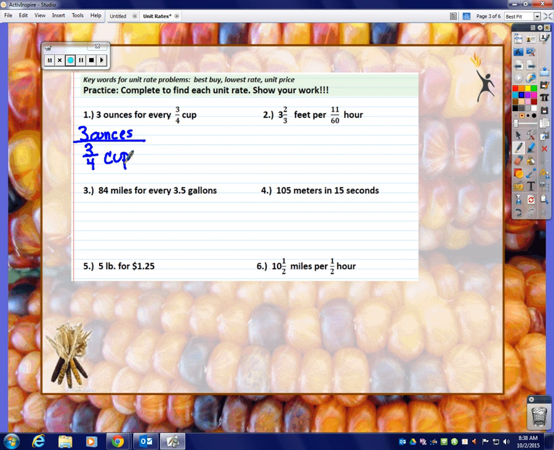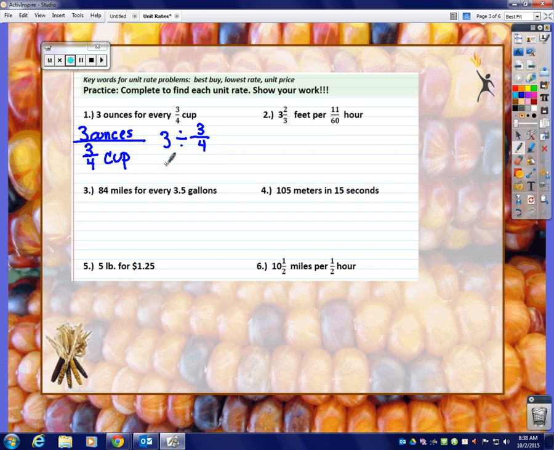And I want to know how many ounces per 1 cup. So you can either divide both the denominator and numerator by 3/4 to get 1, or you can top in, bottom out. Now remember, when you do that, the number on the top is going to be written on the left. So 3 divided by 3/4.